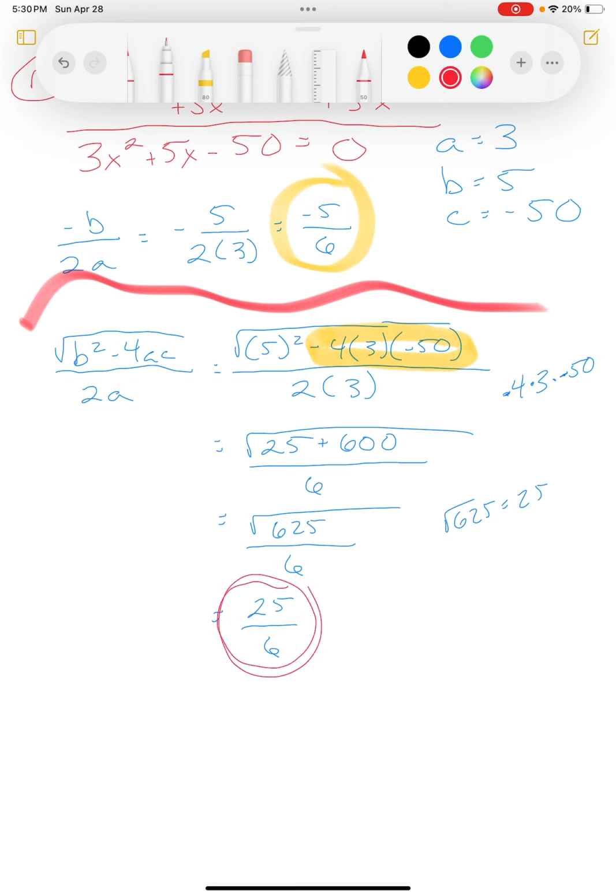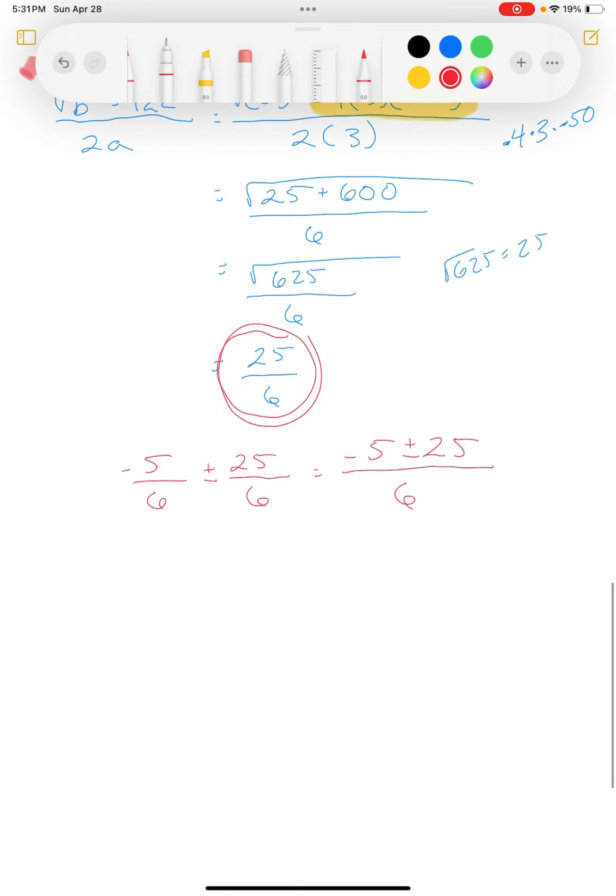So what I have is negative 5 over 6 plus or minus 25 over 6. Now notice that the denominators are the same, and the denominators are always going to be the same. So what we really can do here is do negative 5 plus or minus 25 over 6.